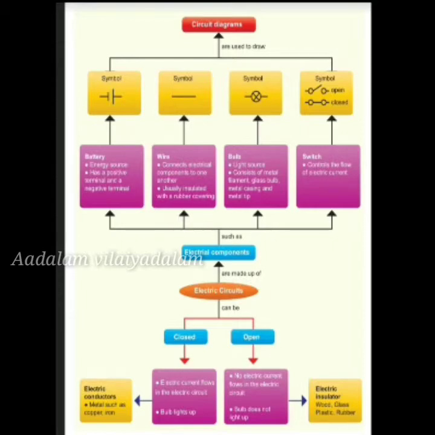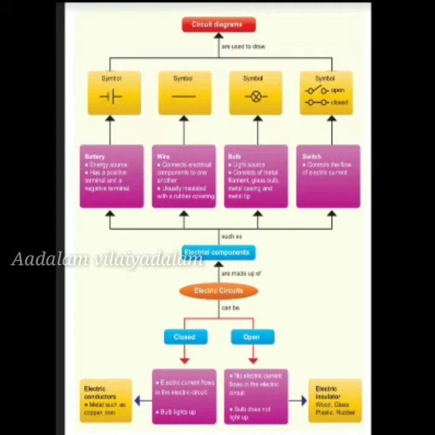Next symbol is your bulb symbol, which is used as a light source. This consists of a metal filament, glass bulb, metal casing and metal tip. Next symbol is the switch symbol.